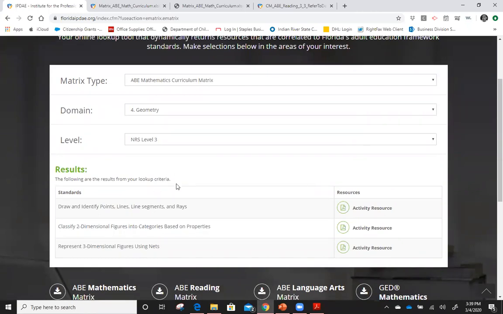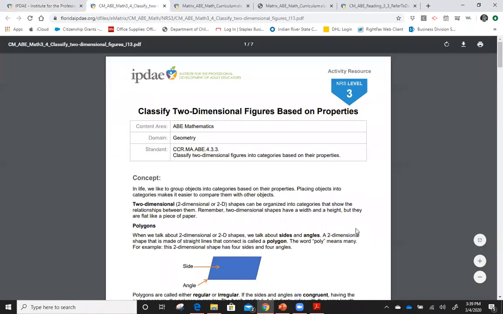And then from the list, you can go down and say, okay, let me see, classify two-dimensional figures into categories based on properties. That's one of the standards that I need to address. So let me click on the resource activity and bam, you have a PDF version of it. You can print it, you can save it, you can email it, you can tweet it, whatever you want to do.